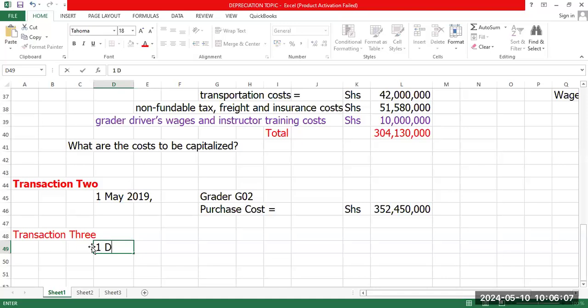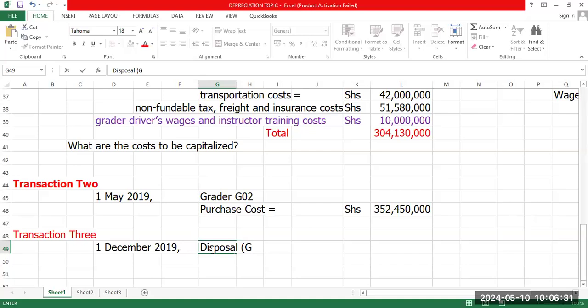1st December 2019. Here we have disposal. This is disposal. You also need to know which asset you have actually sold.